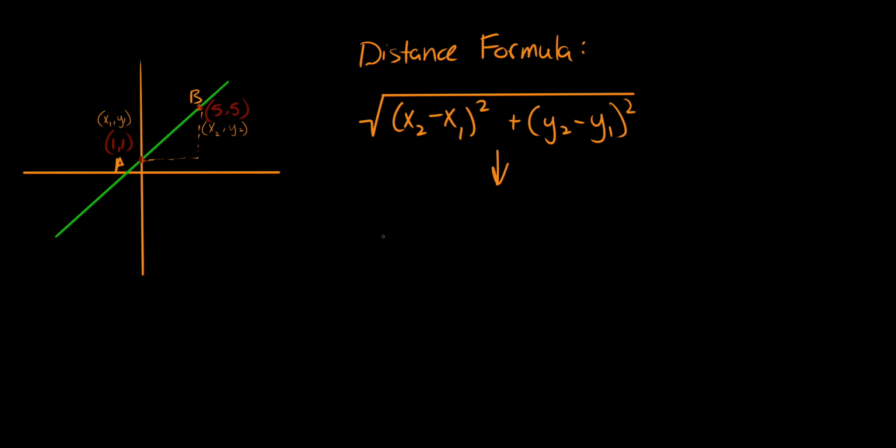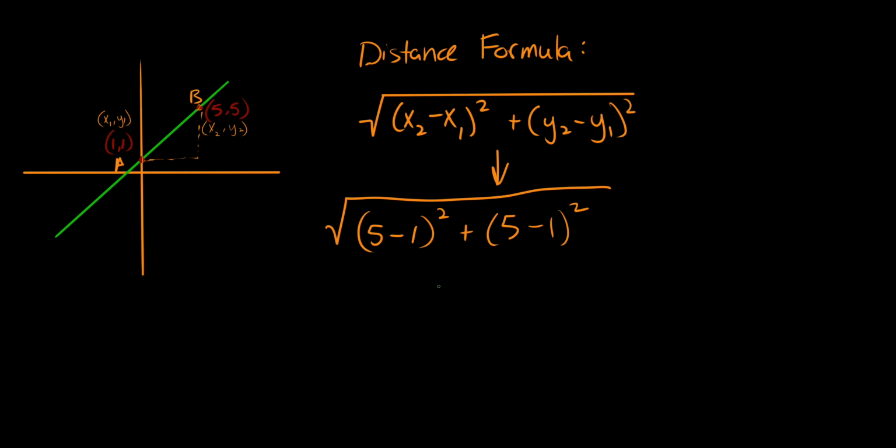Anyway, we're going to plug values into the distance formula and see what the length of this line is. So x2 would be 5 minus 1 squared, right? x2 minus x1, and then plus y2 minus y1, which is 5 minus 1.